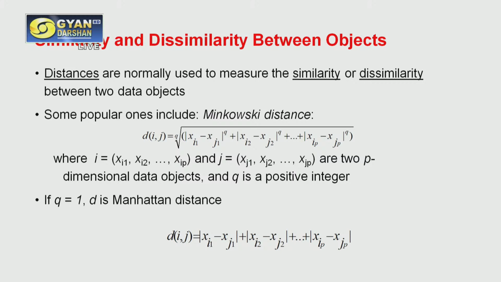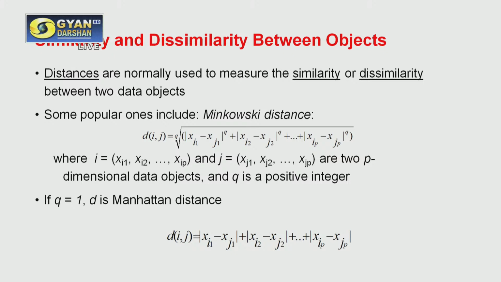This is a generic distance formula, the distance between i and j, taking the q-th root of the sum of the q-th powers of the differences, from xi1 till xip, where xi1, xi2, xip and xj1, xj2 are the data objects here, right? And q is basically a positive number.